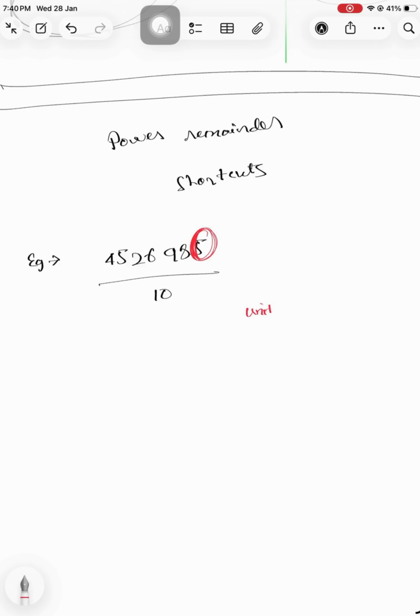Let's say this number is 4, 5, 2, 6, 9, 8, 5 upon 10, then the unit digit place itself becomes the remainder of 4, 5, 2, 6, 9, 8, 5, which is 5 over here.